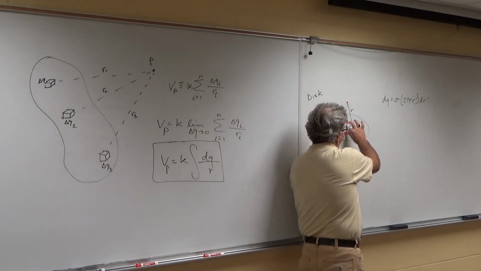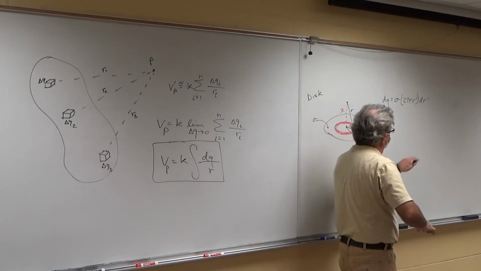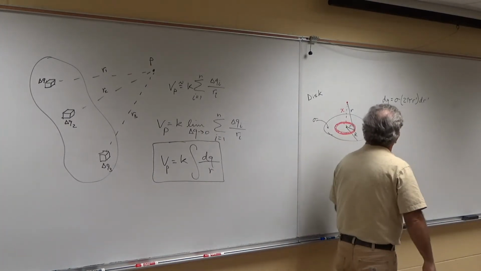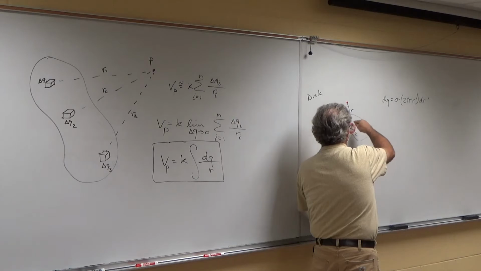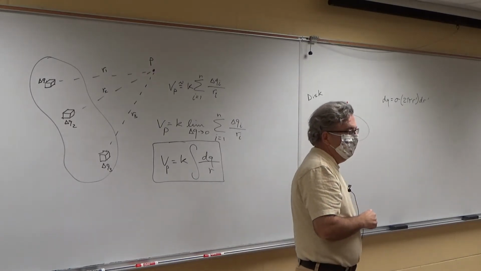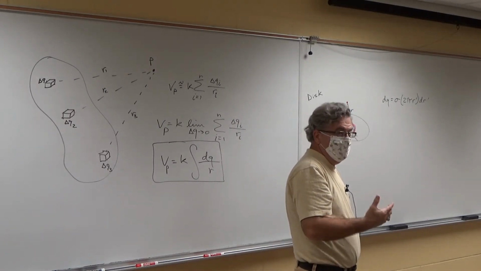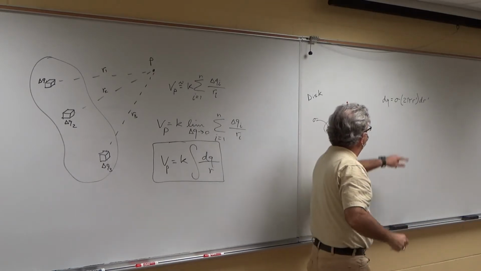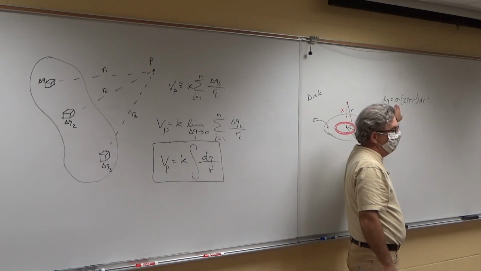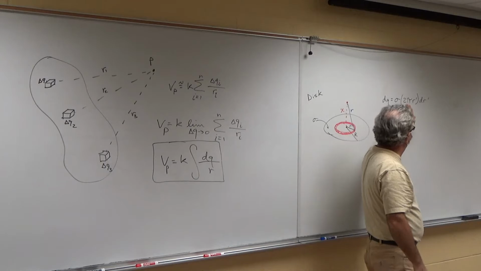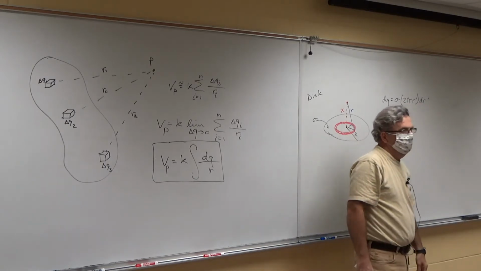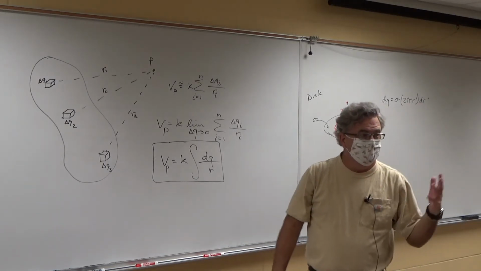This strip has a little width dr prime. It has a length 2 pi r prime. The area, which this is an area density, the area is 2 pi r prime dr prime. Okay, that's dq.